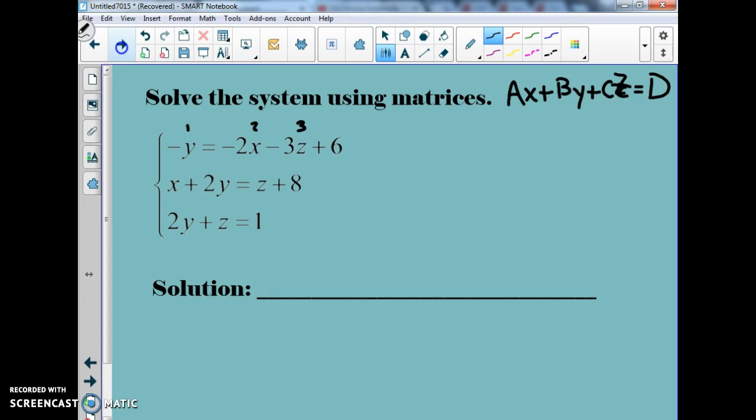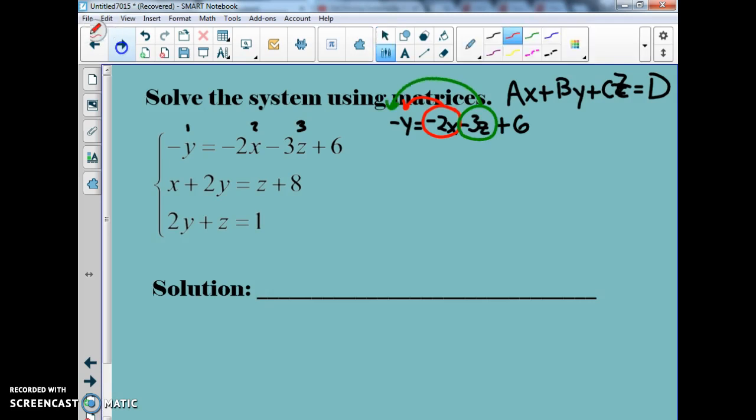So I'm going to have to do some manipulation to some of these equations. My first one here: minus y minus 2x, minus y is equal to negative 2x minus 3z plus 6. I need to get the 2x and the negative 3z over to the left side of the equation.